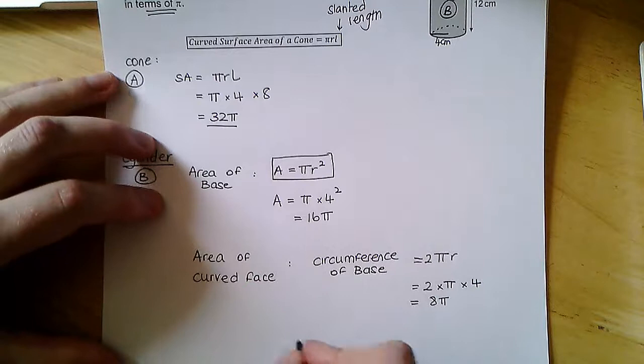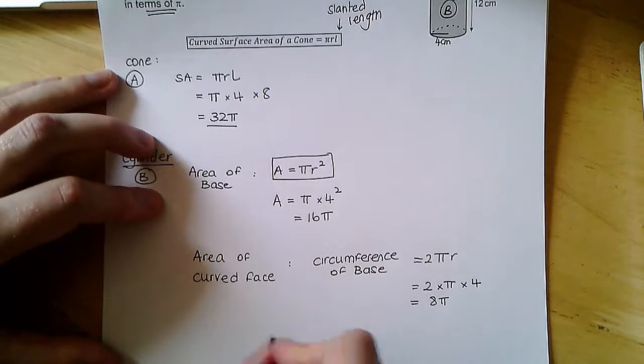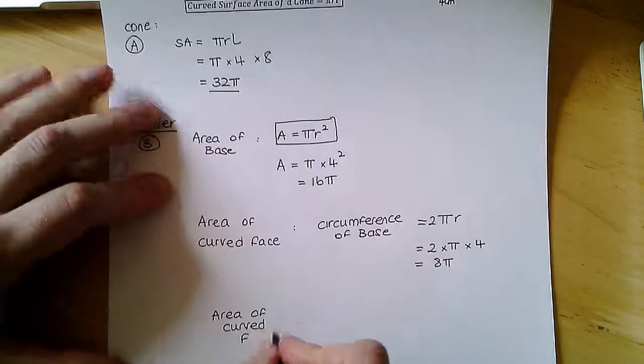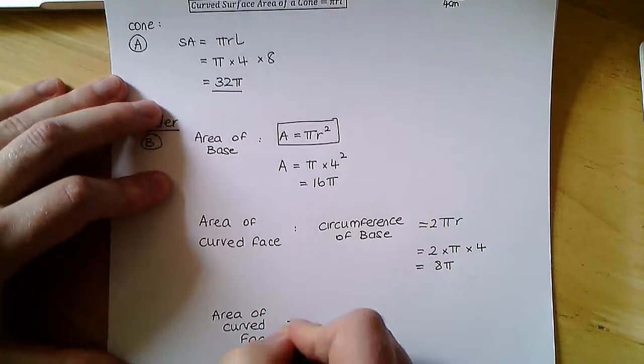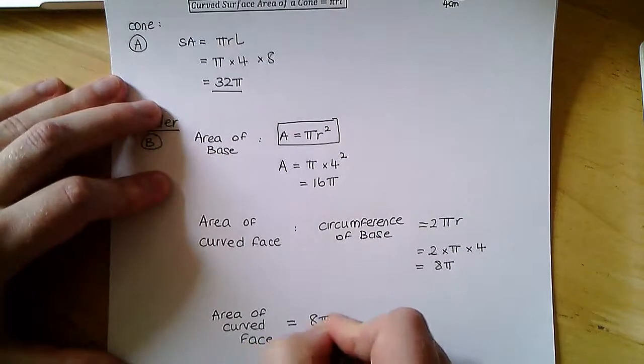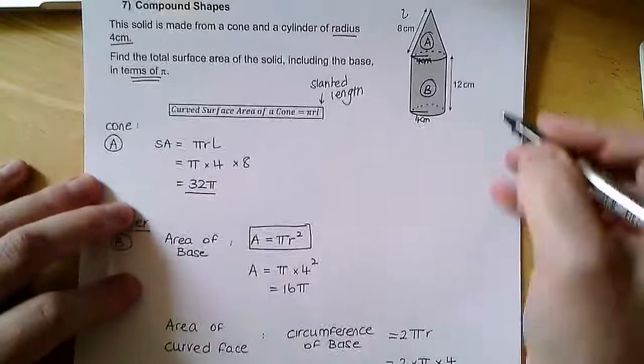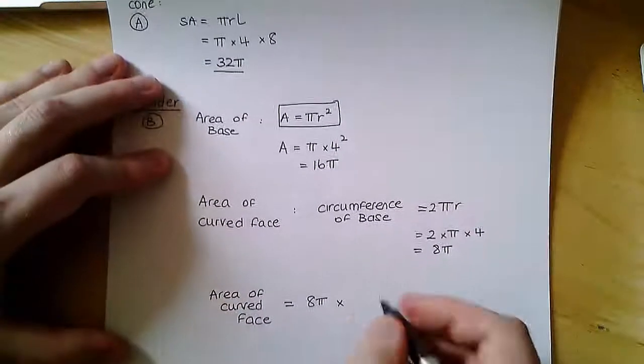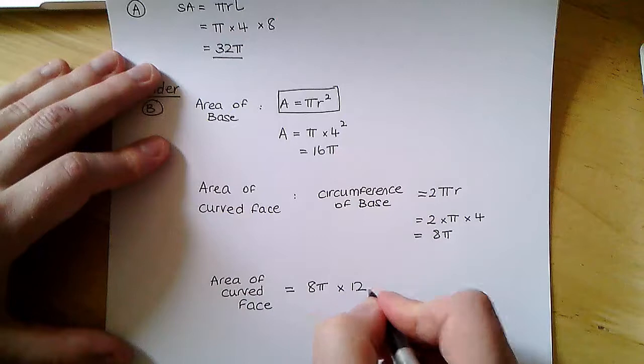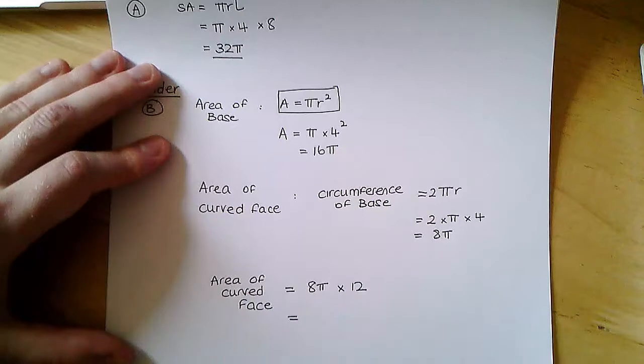So therefore the curved area, or the area of the curved face, is equal to 8 pi multiplied by 12. Which is 96 pi.